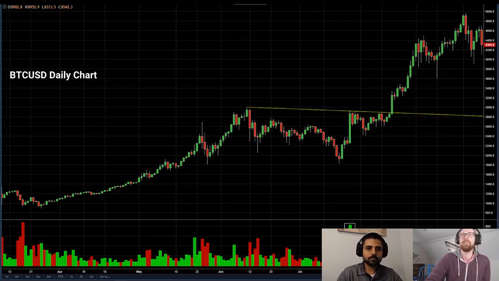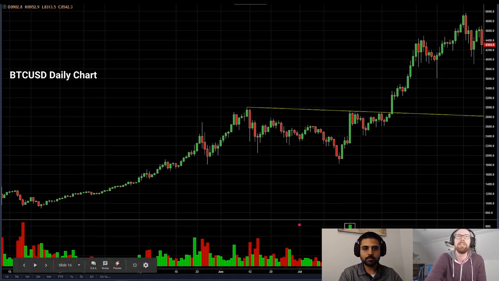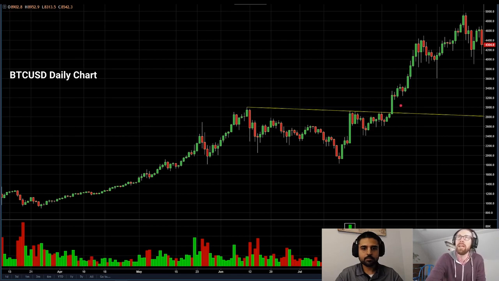So here we can see volume on this chart, and as you would expect, some of the big breakout days are going to have higher volume. Some of the big selling days are also going to have higher volume. What is interesting with Bitcoin and some of the other cryptocurrencies is that some of the big moves actually occurred on fairly light volume.